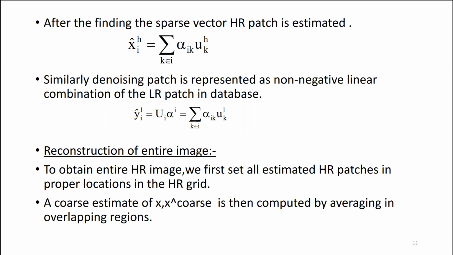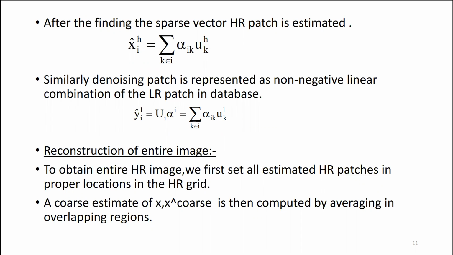We can find the high resolution patches from alpha k and UkH, where UkH are the high resolution database patches and alpha k is the sparse vector. Similarly, we can find the low resolution, meaning denoised, patch through the sparse vector combination over the very similar low resolution patches.